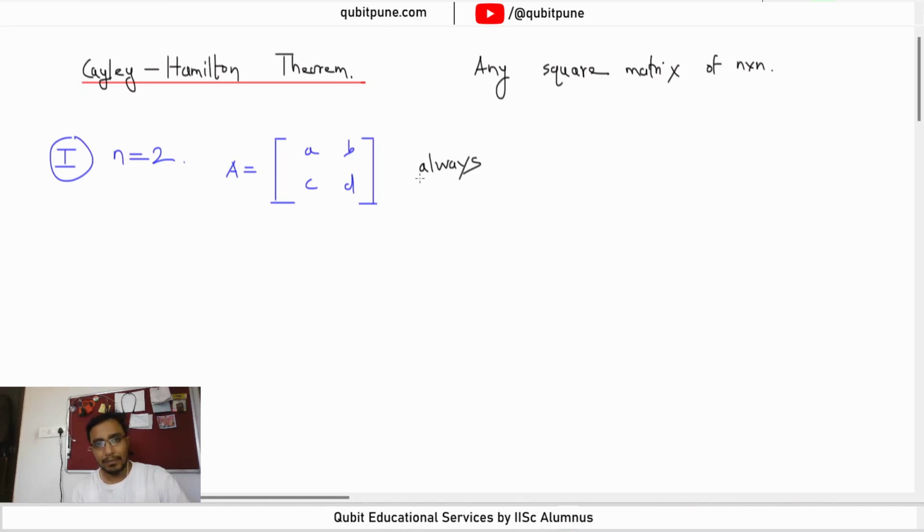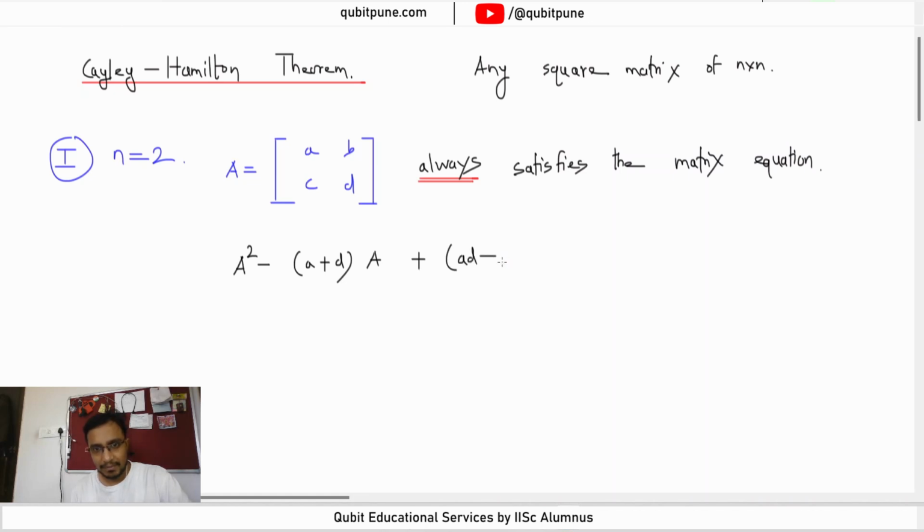No matter what A, B, C, D are, real numbers, complex numbers, anything, it is always going to satisfy the following matrix equation: A squared minus (A plus D) into A plus (AD minus BC) times the identity matrix of order 2 equal to null matrix of order 2. It will always satisfy the matrix equation.